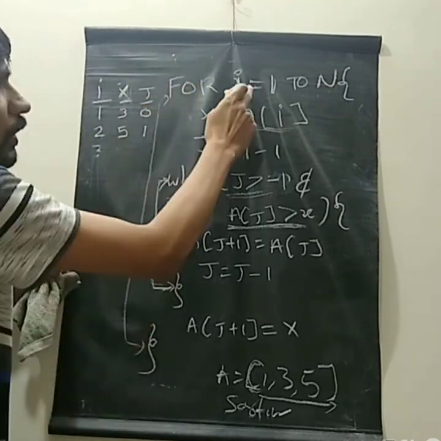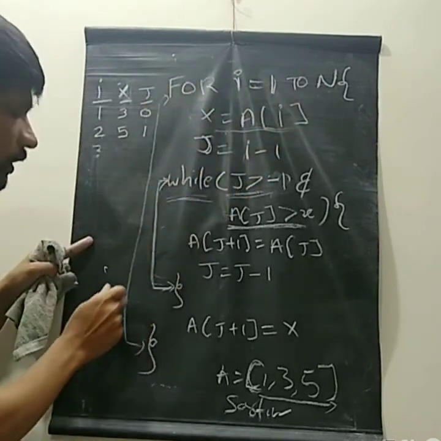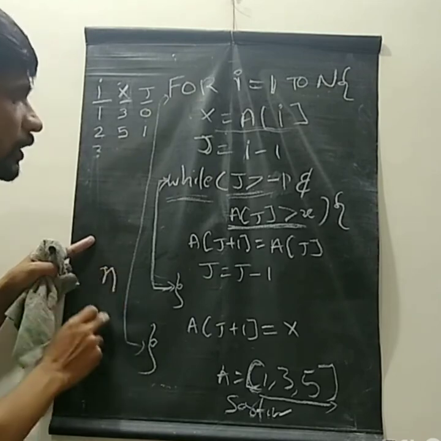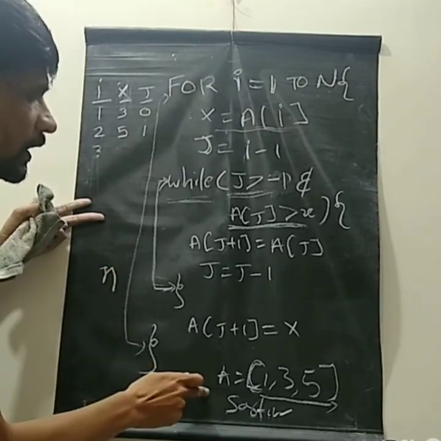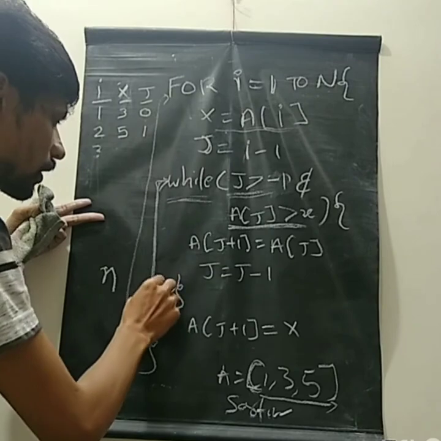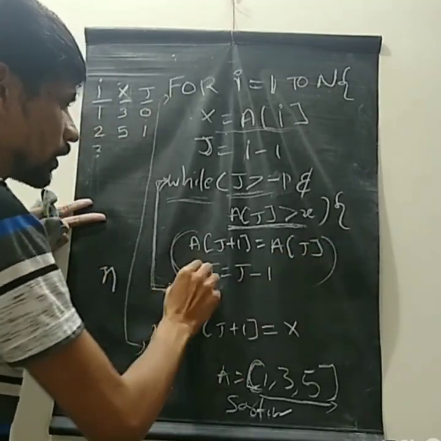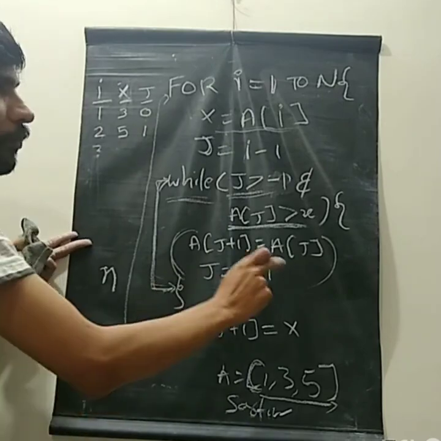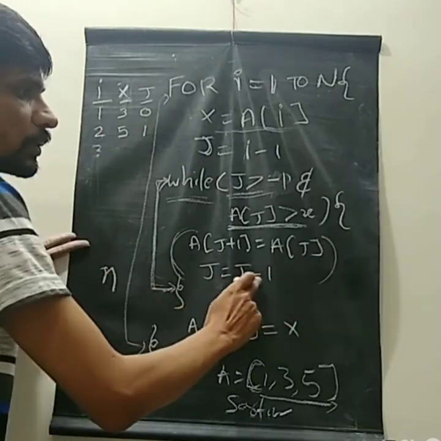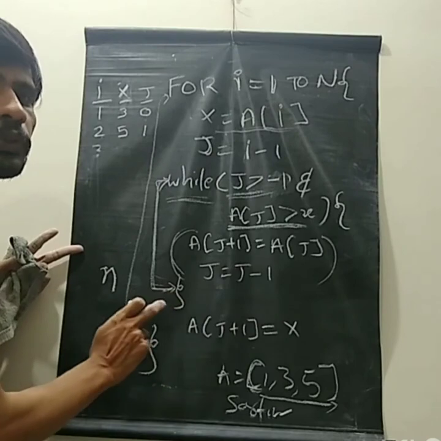This for loop will execute N times, right? But in this case, this while never got executed. That means these statements under this while loop never got executed. There is no chance for them to execute.